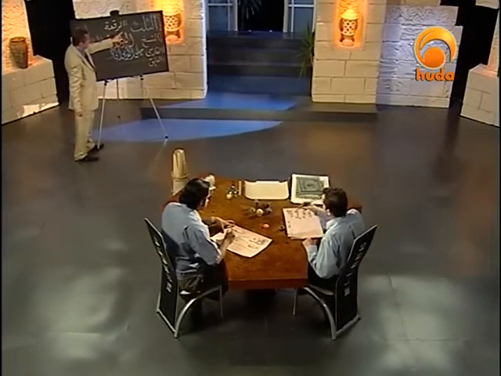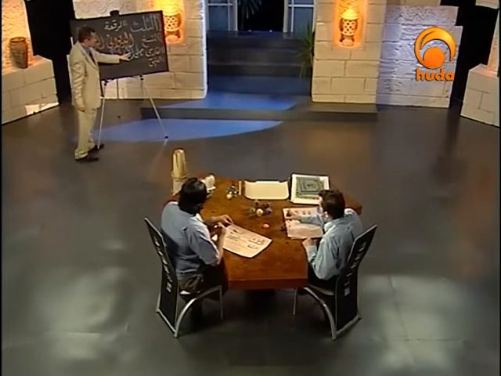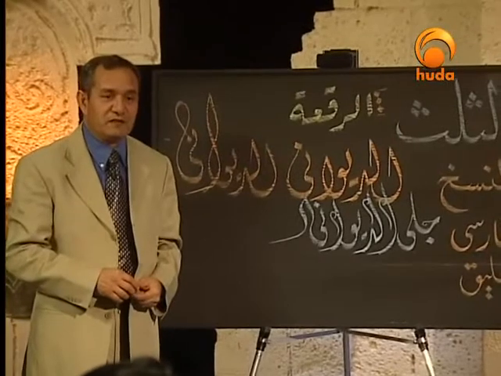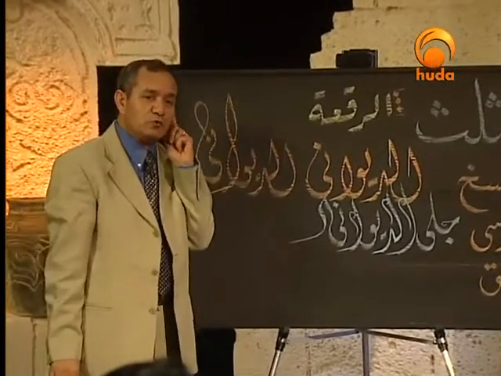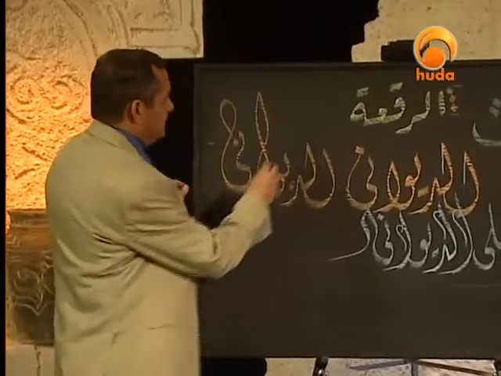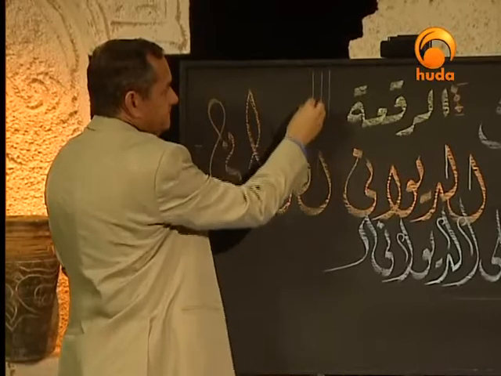So now we have Thuluth, Naskh, Riq'a, Diwani, Jali Diwani, Farsi, and we have also the Kufi style. Kufi style we have to use on graph paper, some graph paper like this.